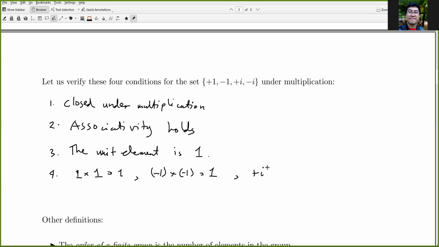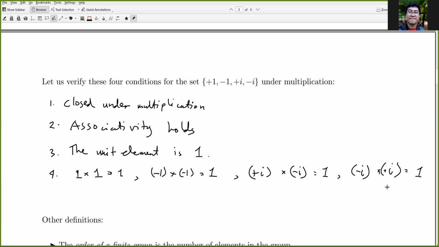Plus i multiplied with something, the result should be 1. That something is negative i. And lastly, negative i multiplied by i, the answer is 1.